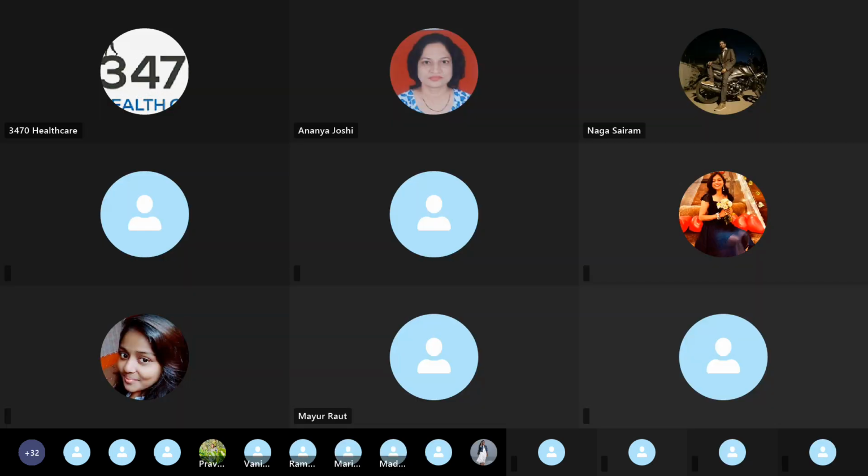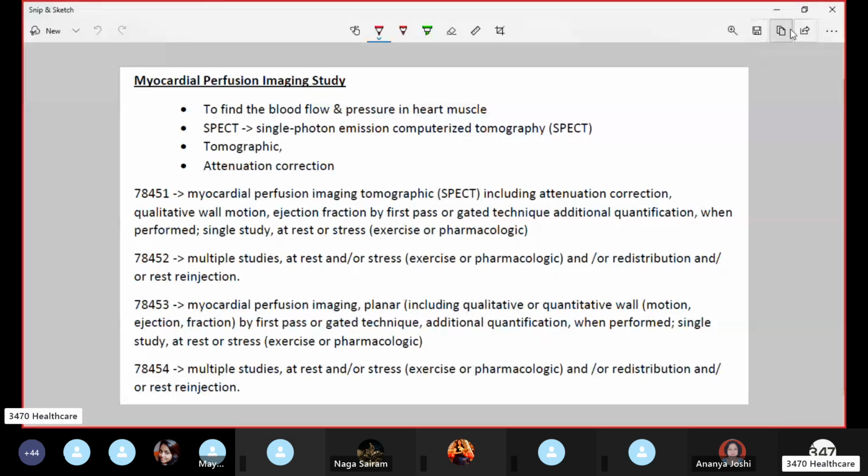Okay. Then the next one is myocardial perfusion imaging study. We have the codes 78451, 52, 53, 54.